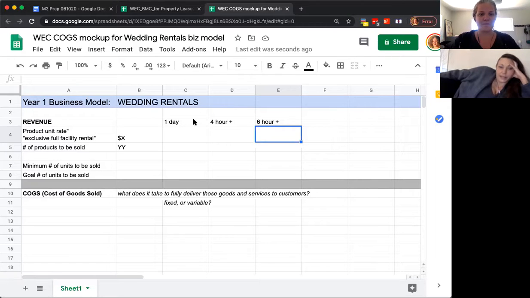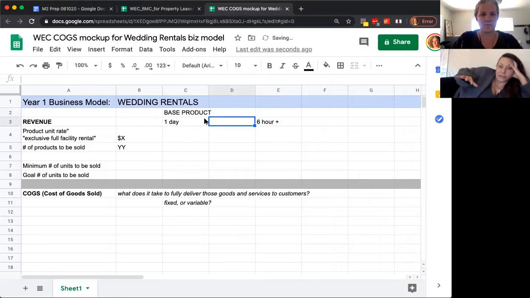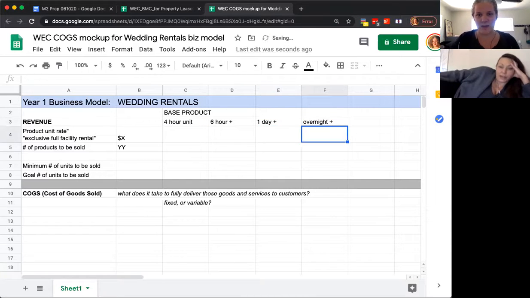Yeah, I think the base is that 4 hour unit, probably no less than that, and then everything that's in the 4 hour would be in the 6 hour. Everything that's in the 6 hour would be in the overnight option, just additional things beyond that. Cool. And you mentioned the overnight too is a separate thing. Oh yeah. Cool. Okay.